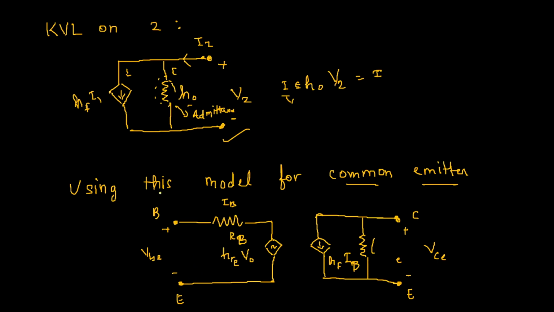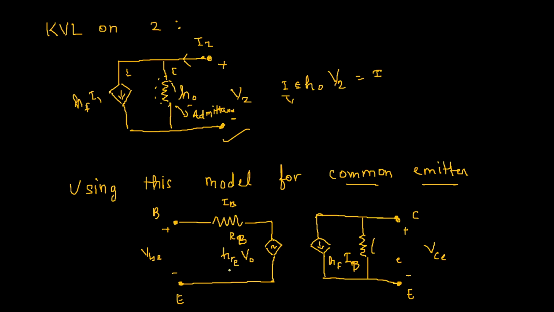So the emitter is common to both the input and the output. We have an emitter on both ends. We attach a base to the input. Our base is the input side and our collector is the output side. So the potential difference V2 is VCE and the potential difference V1 is VBE.